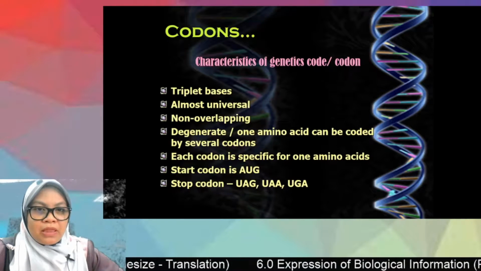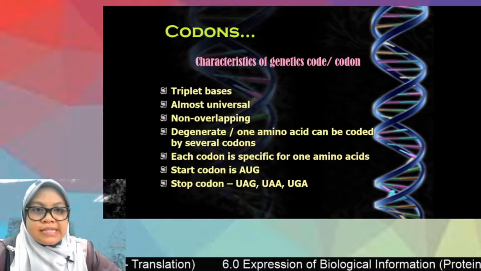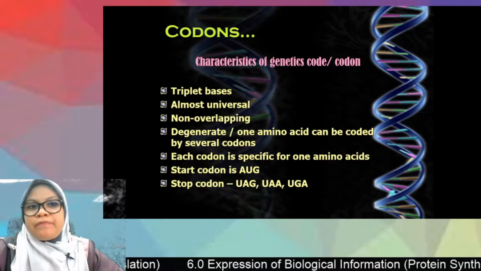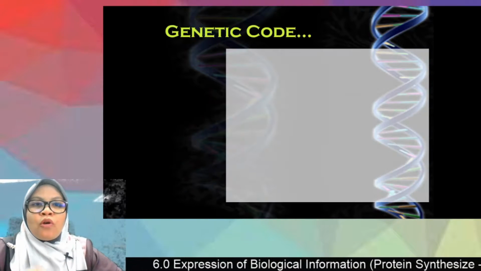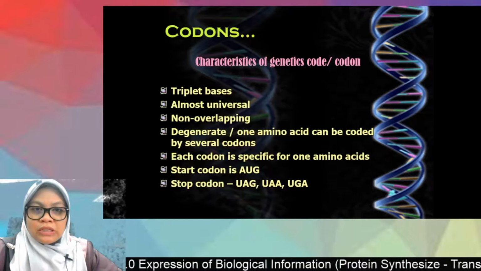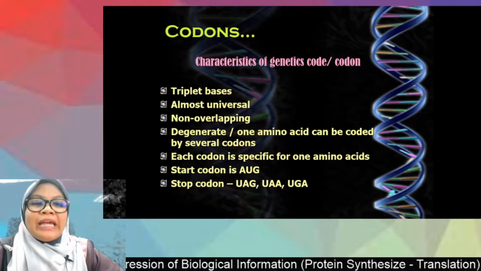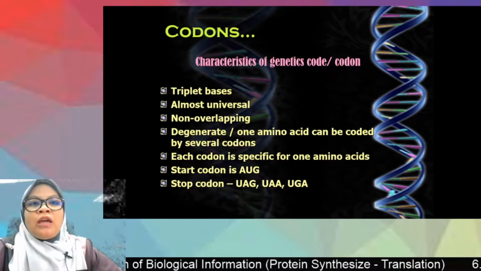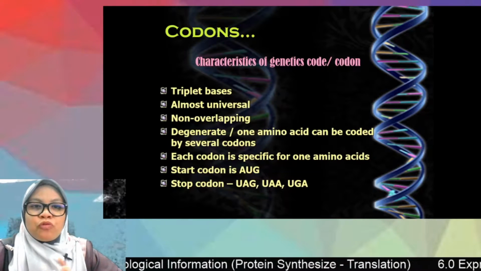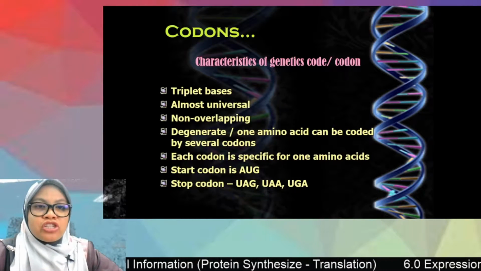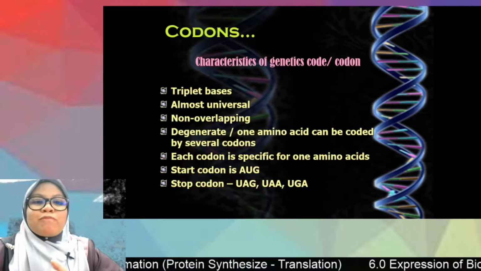And then you need to remember this. The start codon is AUG. For translation to occur, it must start with codon AUG. And the process of translation will be stopped when it reaches one of the stop codons.